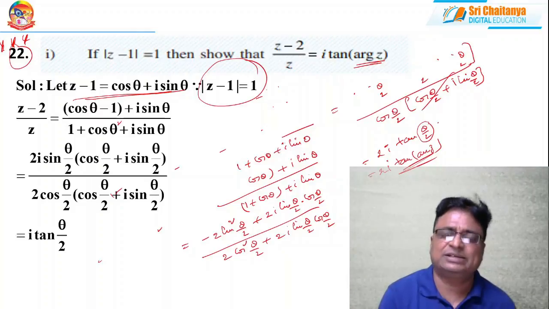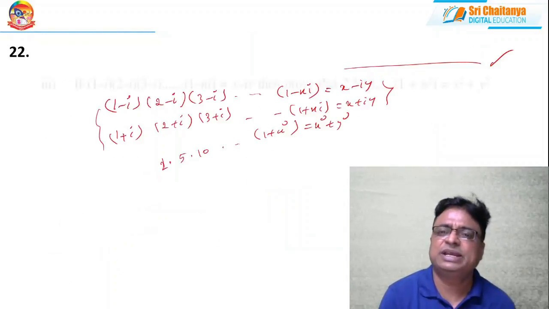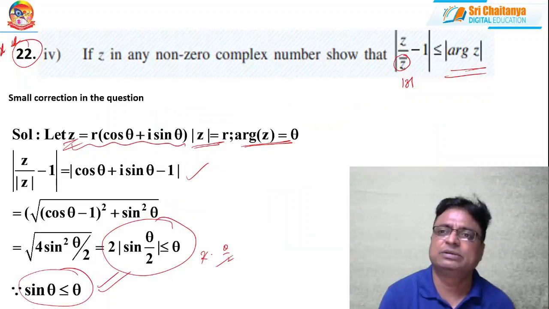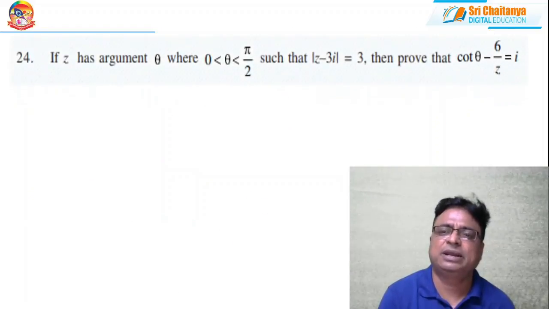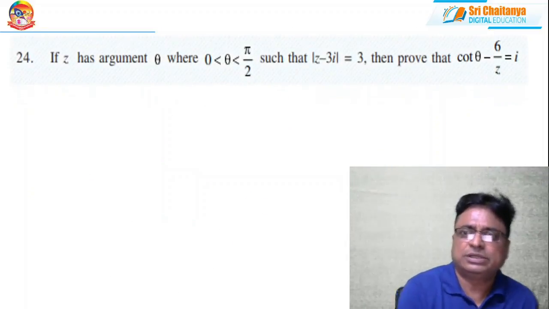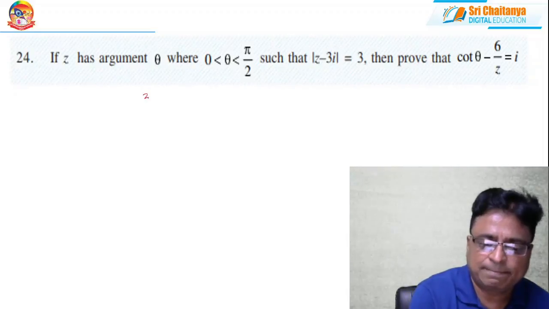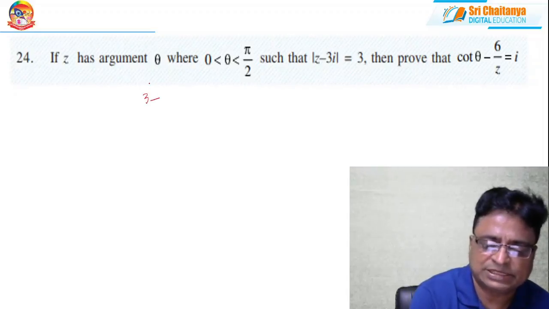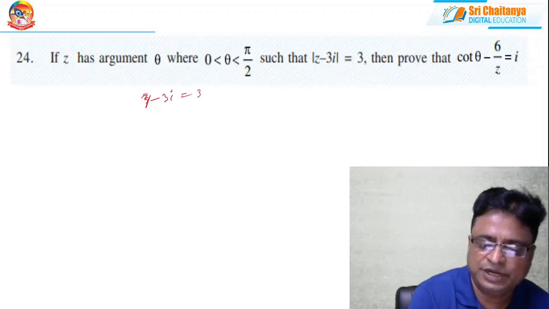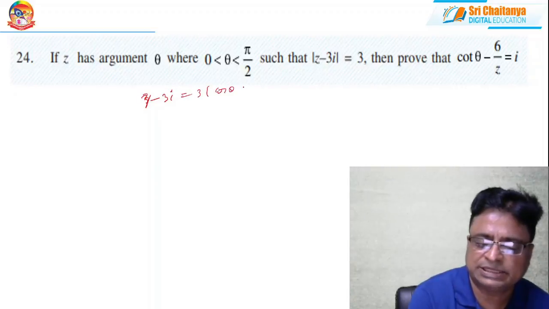So it is just like that. So here what I am doing now is just considering z minus 3i, z minus 3i, 3 into cos theta plus i sin theta.